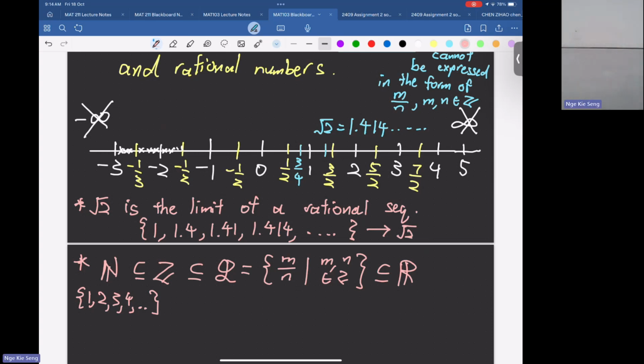Do you think there are more rational numbers or more irrational numbers? More irrational. How do you know? You guys learned cardinality in history.